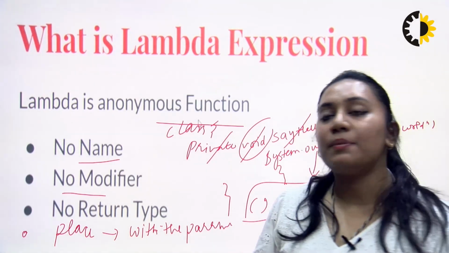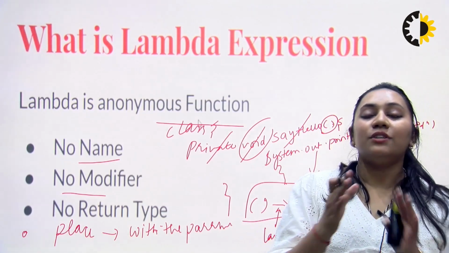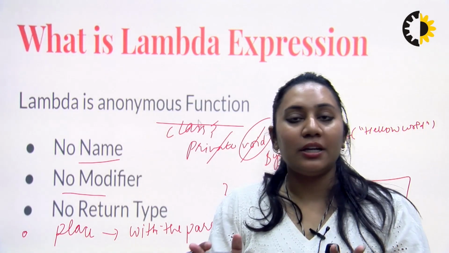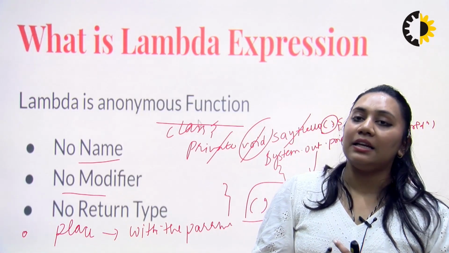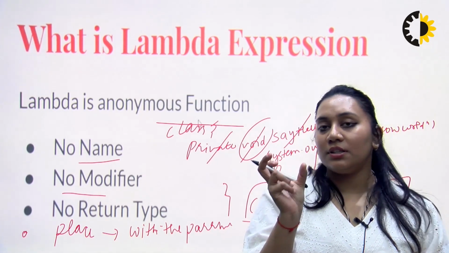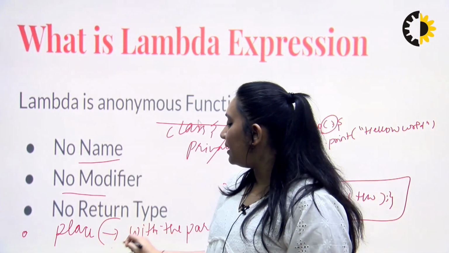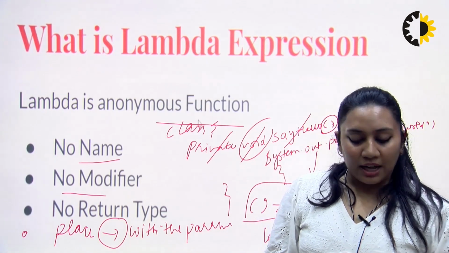So lambda expression is known as an anonymous function, which does not have any name, any return type, or any modifier. And to convert this, we just put the arrow, which defines that the function is converted into a lambda expression.